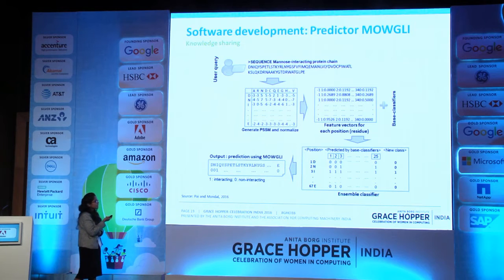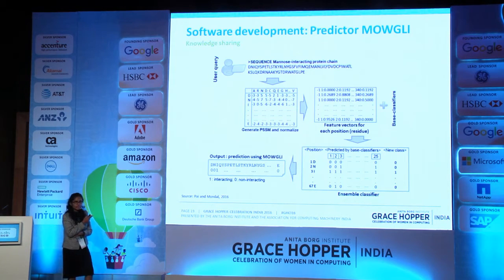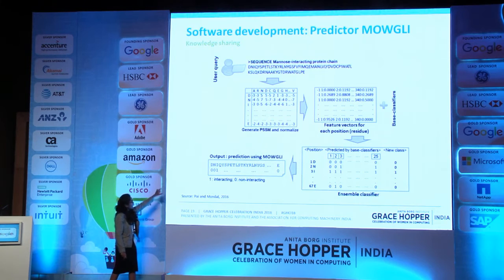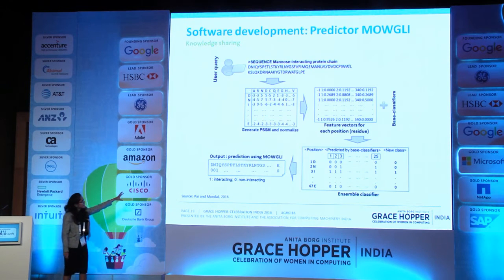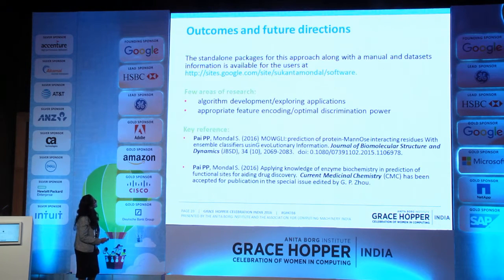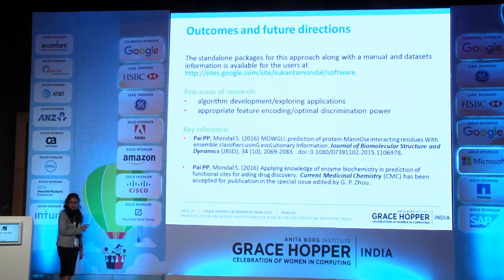Using these predictions, a consensus is drawn and a class is assigned to each of the residues. The output looks something like this. On your left, you have the sequence and an annotation for every residue. The predictor will predict whether a residue is interacting or not. So this was the outcome of the studies that we performed.